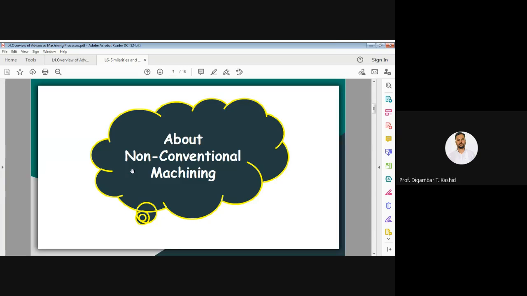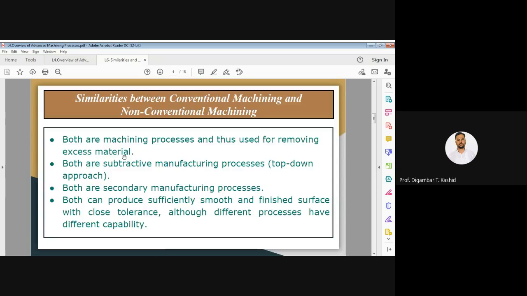Now I have mentioned some similarities between conventional and non-conventional machining. Both are machining processes, and both are used for removal of material from the workpiece.